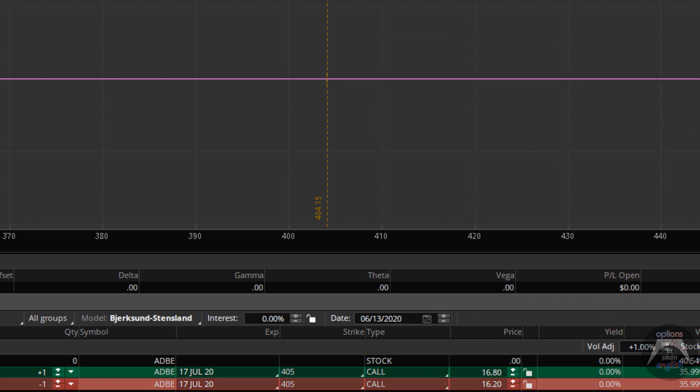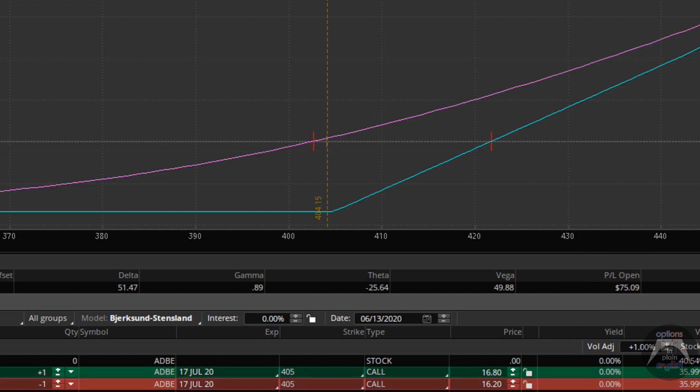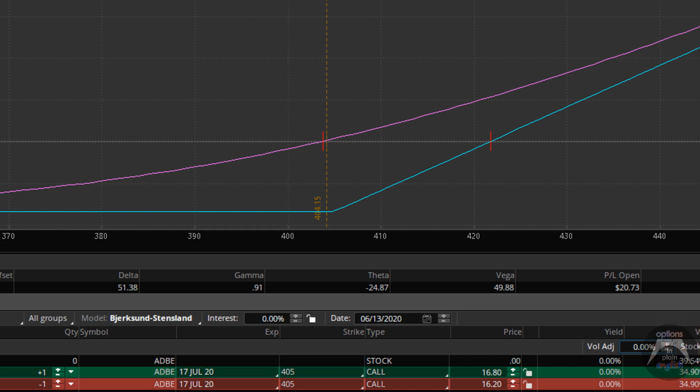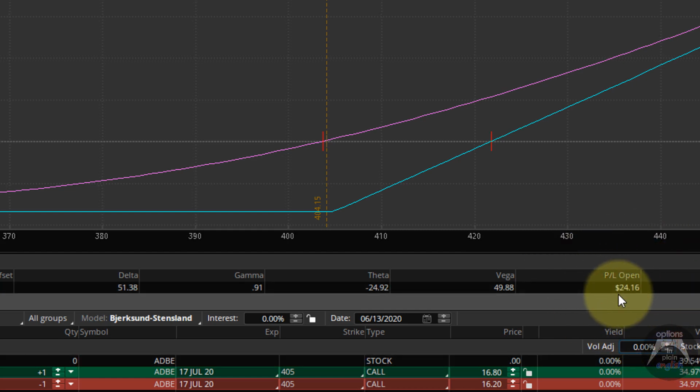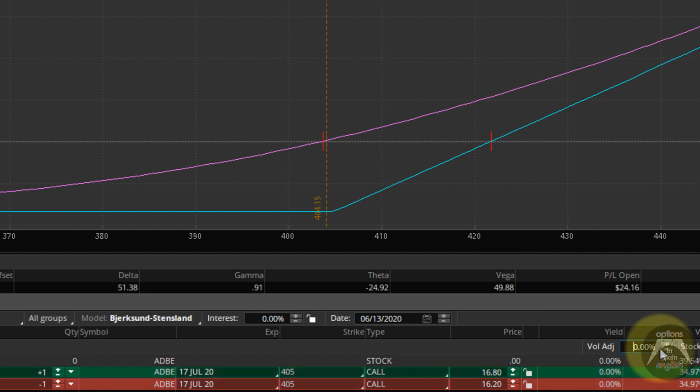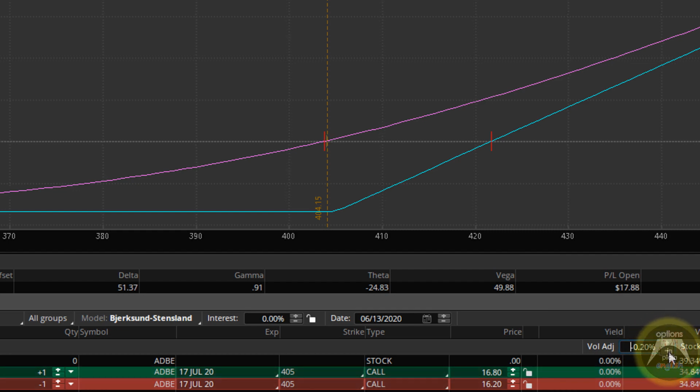Now let's go back to the long call. And now I'm going to go back to 0 in terms of volatility adjustment. This is the initial P&L that we have, and I'm going to now simulate volatility going down. We have Vega of 49.88, so I'm going to go down by 1%.